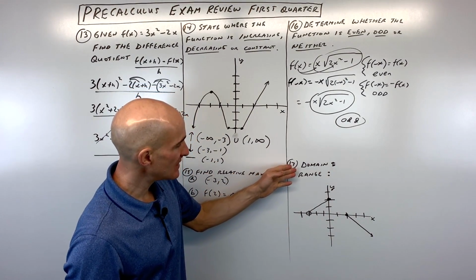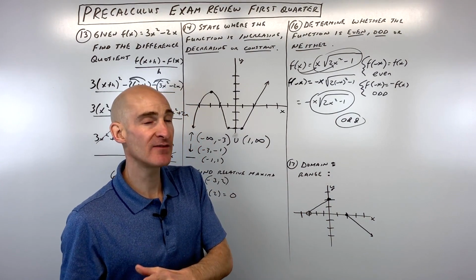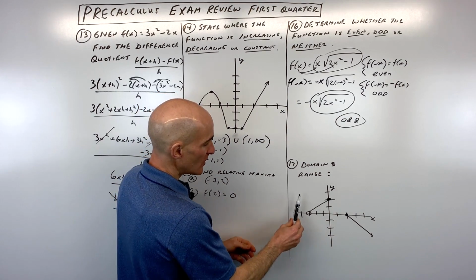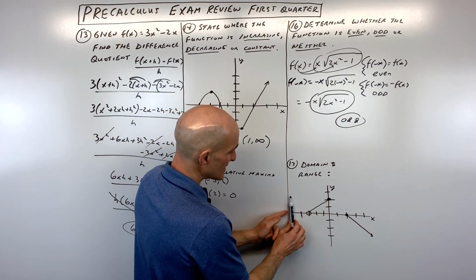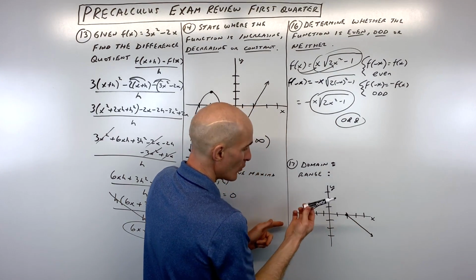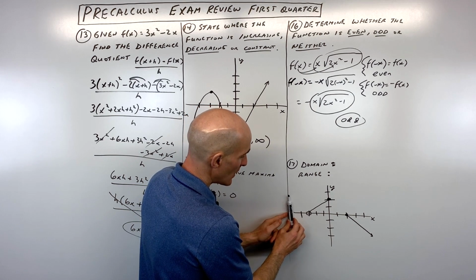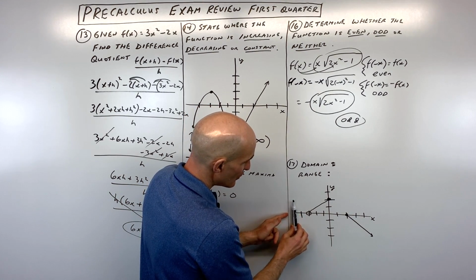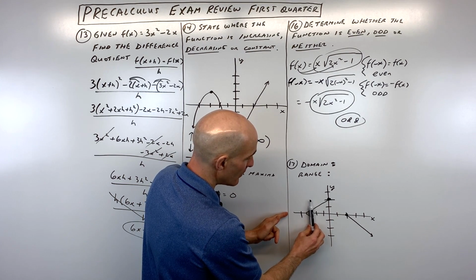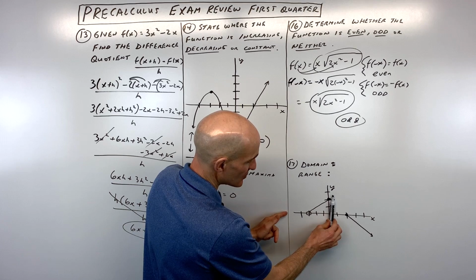Okay, for number 17 now, we're looking at the domain and the range. Remember, domain means what can the x values be, and the range means what can the y values be. My technique for the domain is to scan from left to right, along the x direction, with a vertical line, or like my marker here. When I scan across, see how there aren't any points over here at -5, -4, -3, it's open, but from -3 to 0, there are points on the graph, it's crossing there.